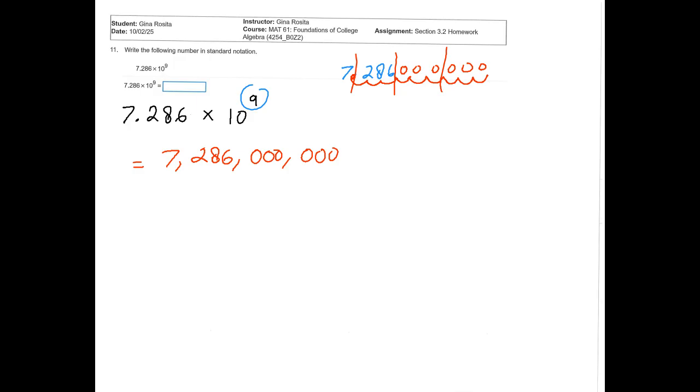Now go to number 12. Okay, you evaluate the following expression using exponential rules. Okay, so now you have to solve this one. You have to use the standard notation.